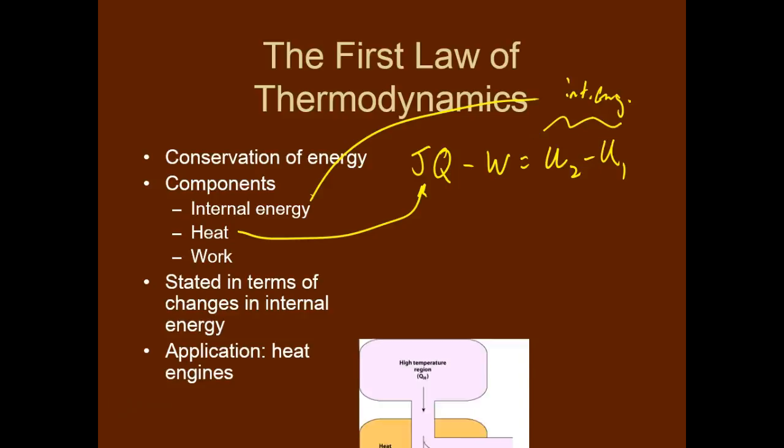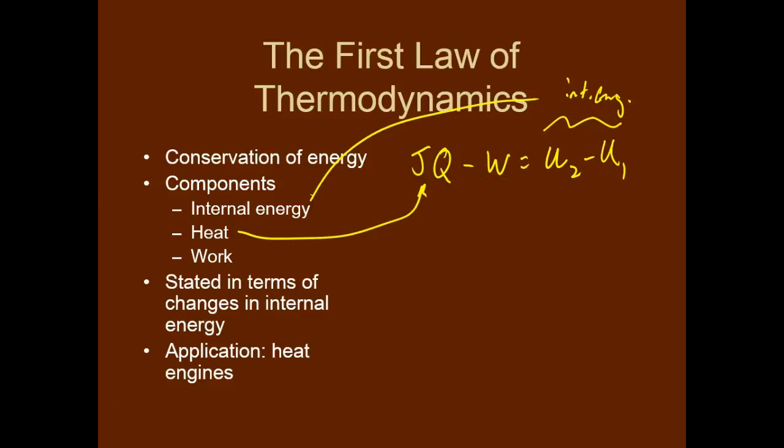And we already showed these pictures. Now let me go back and give you another one. If you have no change of internal energy, that's kind of hard to do, but it can be done.